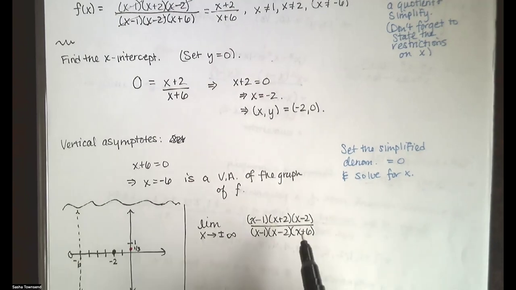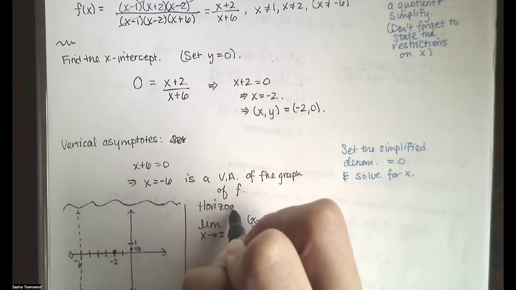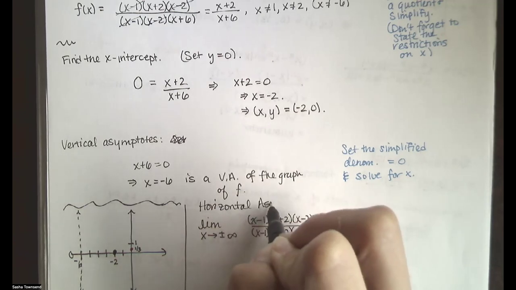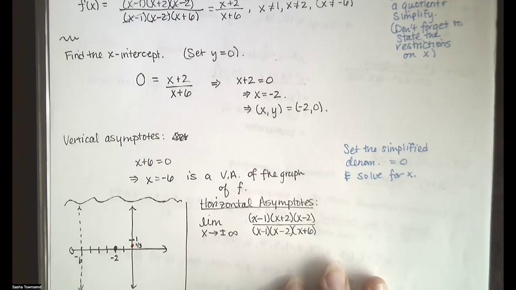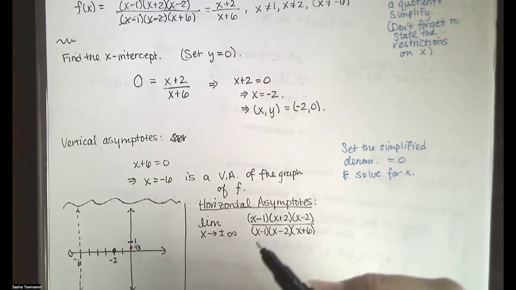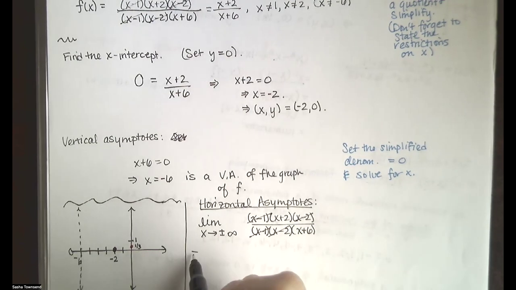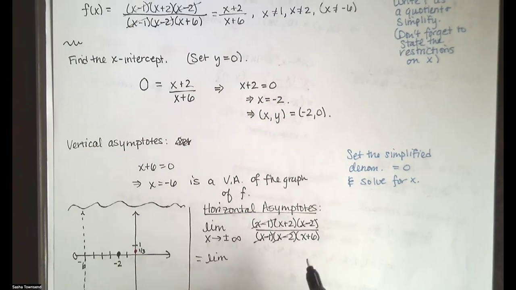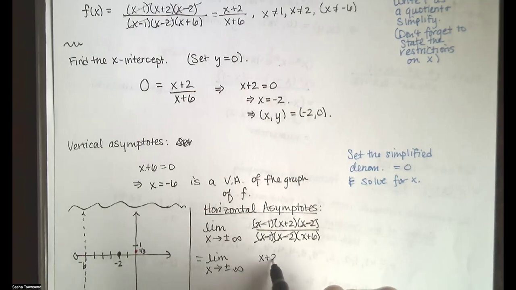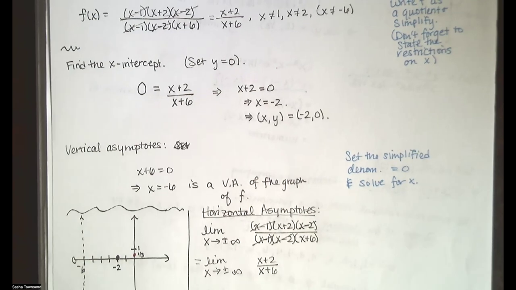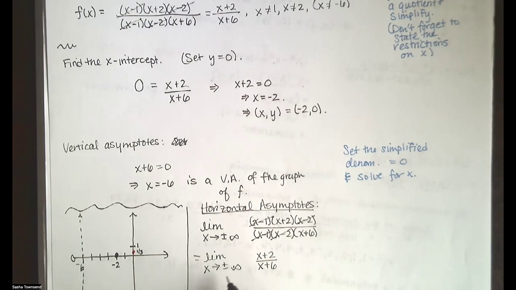So we're taking the limit of this function as x goes to positive and negative infinity. Since this is already factored, we'll reduce the common factors. And remember how that works. The limit of the original function is equal to the limit of that simplified function.